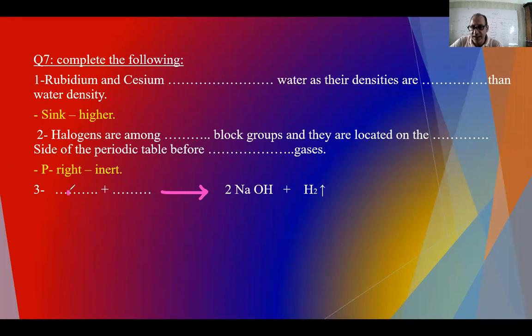So here is Na plus water, H2O, so the result is Na plus H2O. If I need to balance it, it's 2 Na.